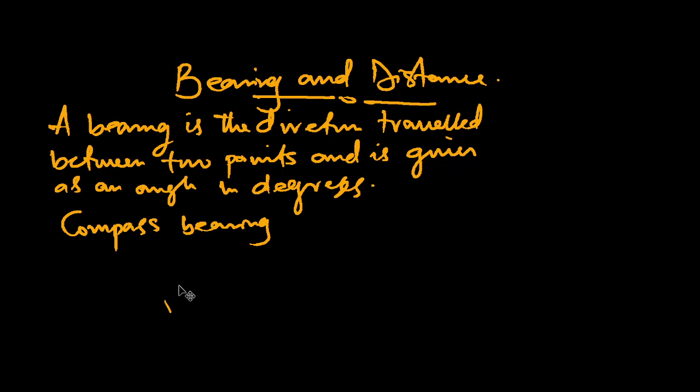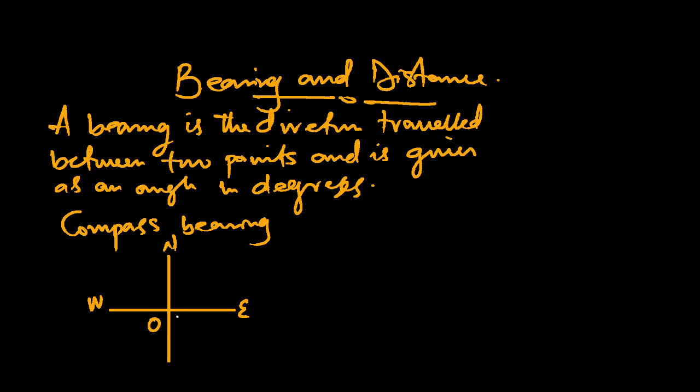If I have this diagram here, this is the four cardinal points: the north, the east, the south, and the west. If this is what I have, let's mark this place point O.